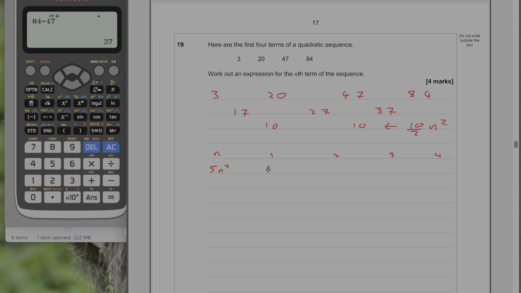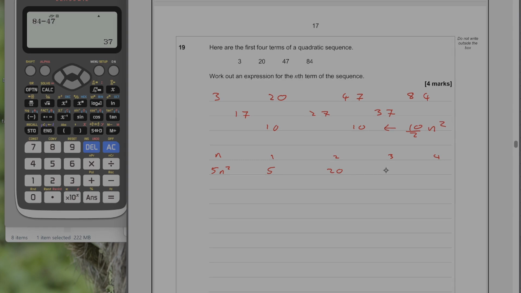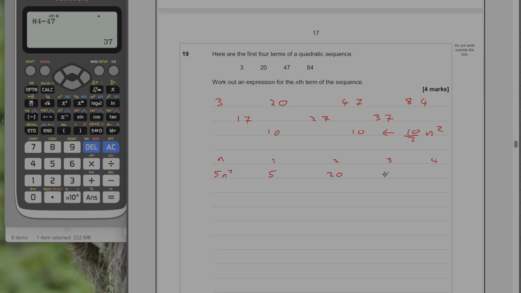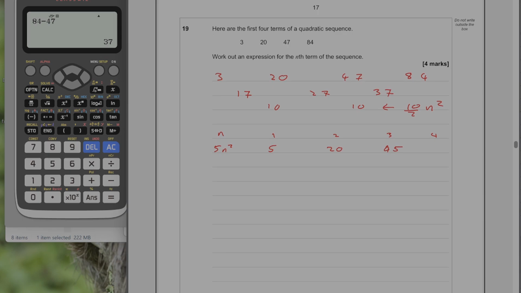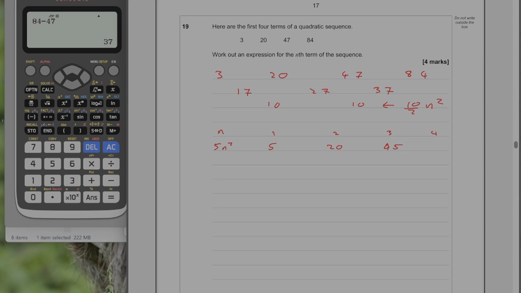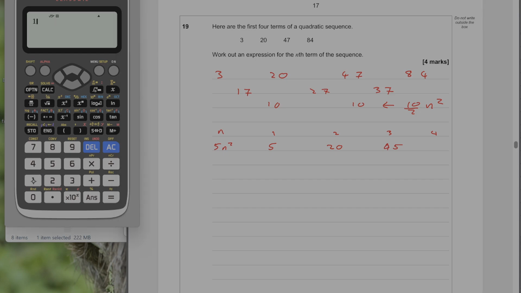So that's going to be 5, and that's 4 times 5, which would be 20, and 5 times 9, which would be 45, and 16 times 5, which is 80.